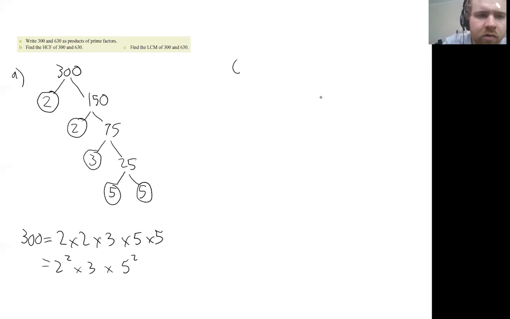We've now got to do it for 630. So first, split it up. Let's do 2 first. That's going to be 315, just dividing 630 by 2. Okay, now this number here, this is going to get a little tricky. I can't split it up by 2, but I can split it up by 3.